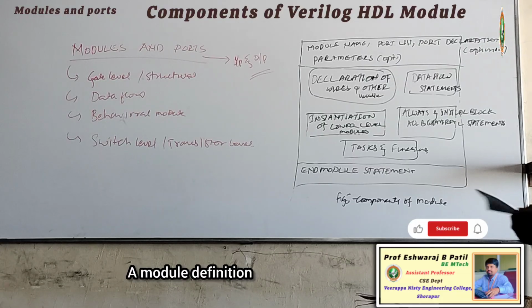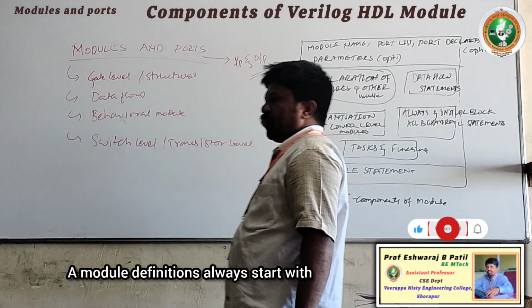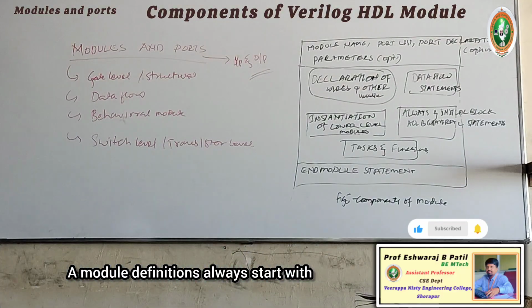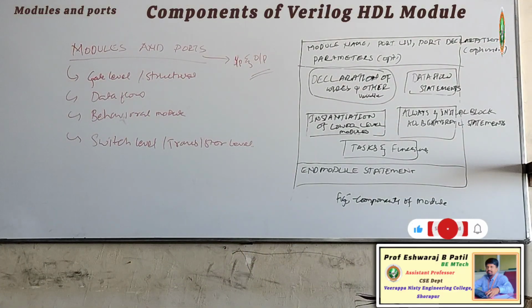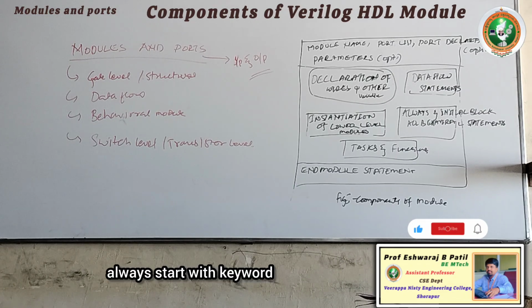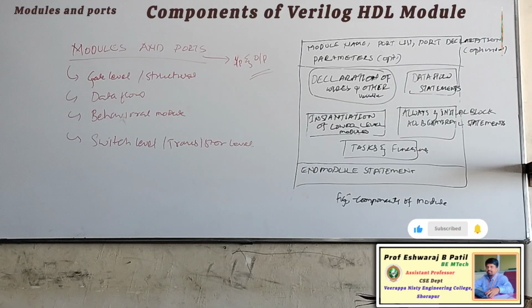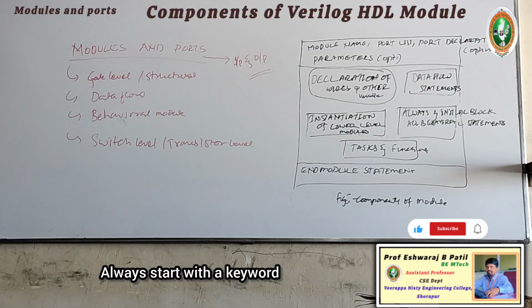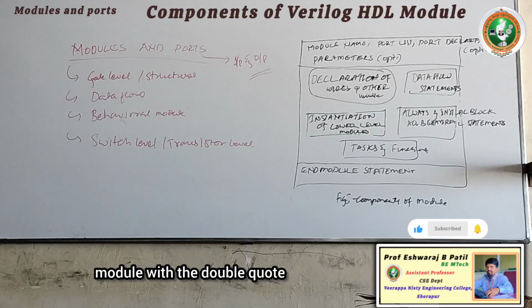A model definition. Take the next point. A model definition always starts with the keyword module, with the double quote.